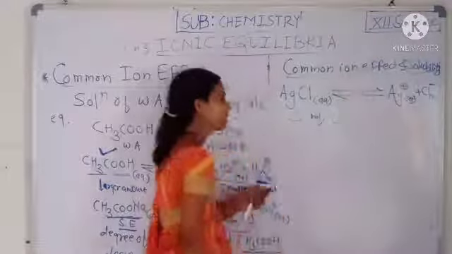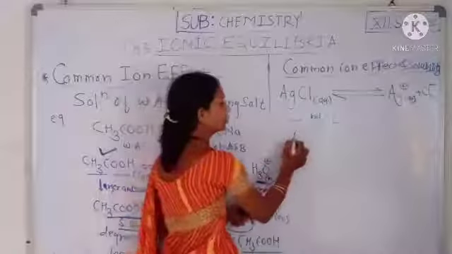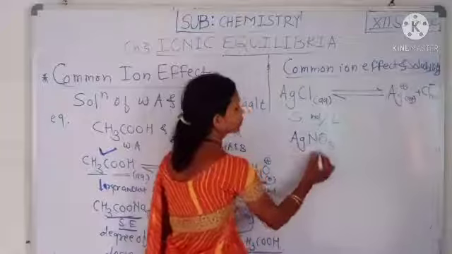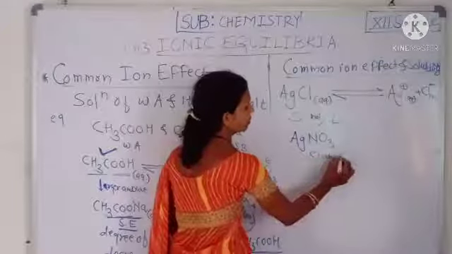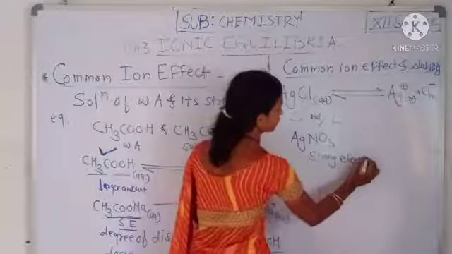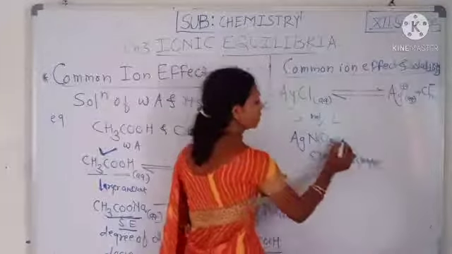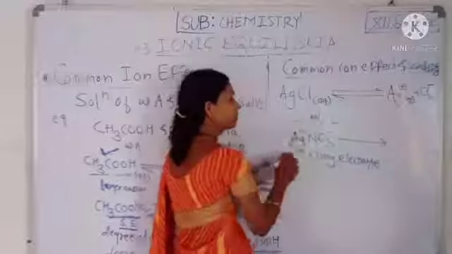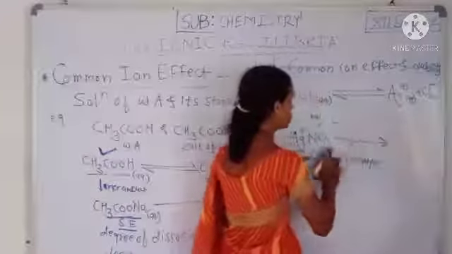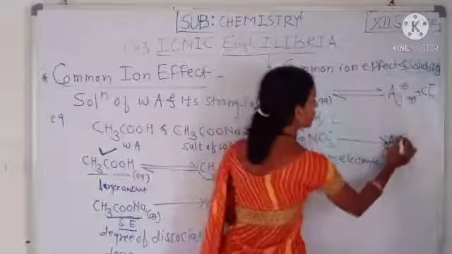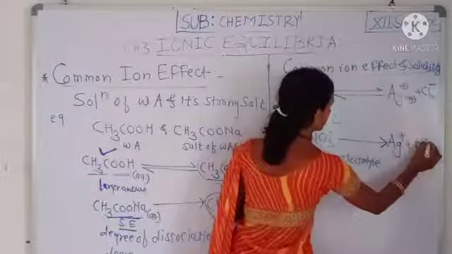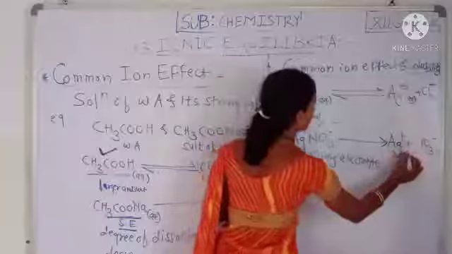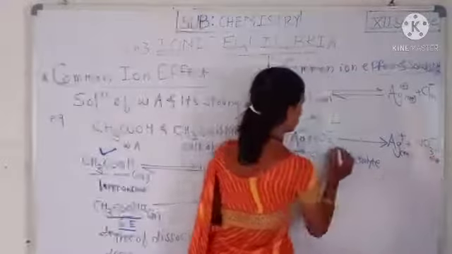If we add AgNO3, which is a strong electrolyte containing the common ion, Ag plus, it dissociates completely to give Ag plus and NO3 minus ions in aqueous medium.